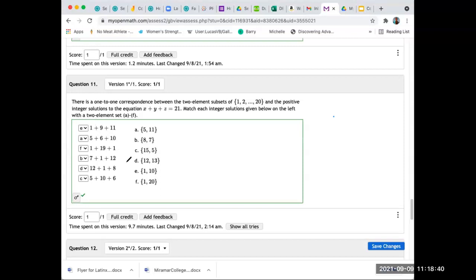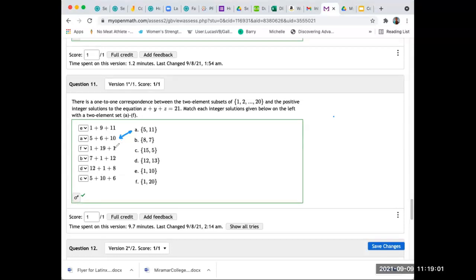So I see you answered it, but basically it looks like, let's see, so A matched with 5, 11. Okay, so they all add up to 21. Okay, wait, I'm trying to figure out how this works.